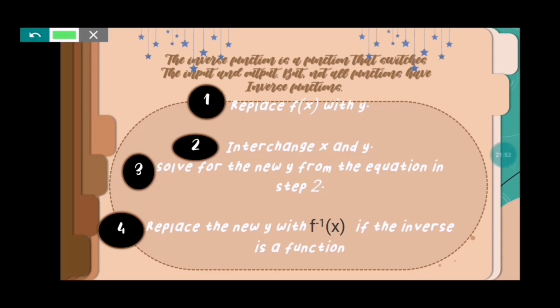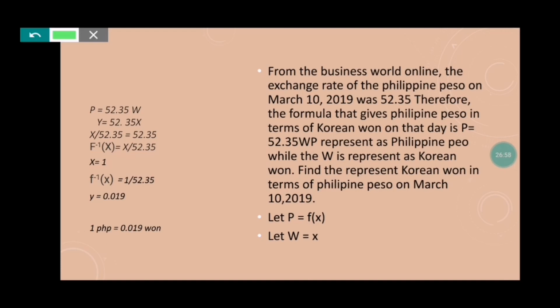Okay, so let's proceed to our problem solving involving inverse from the business world online. The exchange rate of the Philippine peso on March 10, 2019 was 52.35. Therefore, the formula that gives the Philippine peso in terms of Korean won on that day is P equals 52.35W. P represents the Philippine peso, while W represents the Korean won.